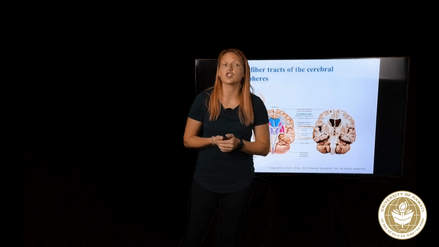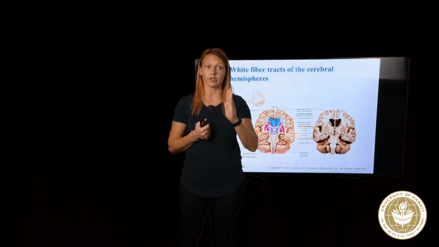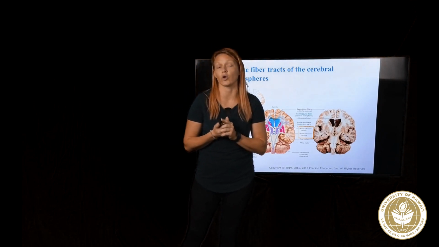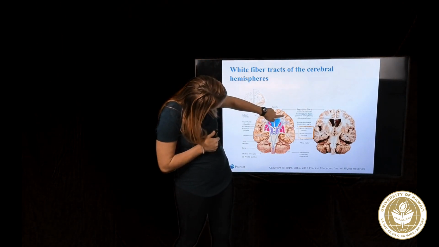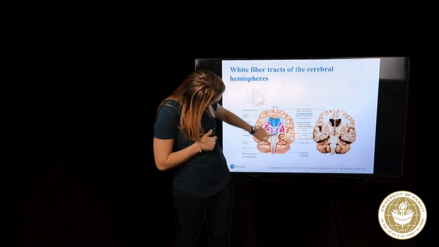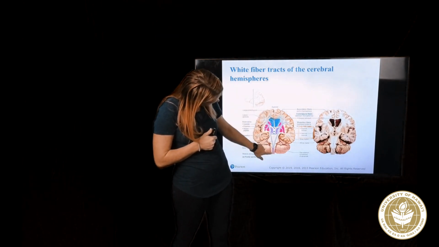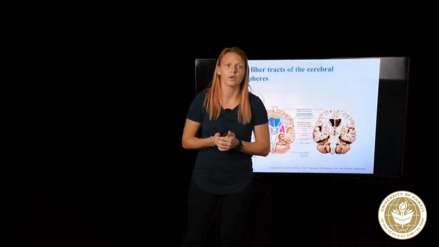Then we have our projection fibers, which are vertical fibers that connect the hemispheres with the lower brain or the spinal cord region. Those are in purple here, and you can see how they go from up here down to the spinal cord region. So those are your projection fibers.